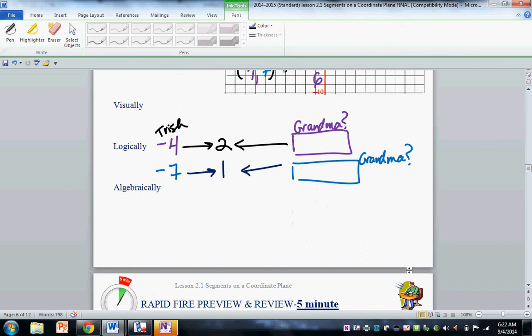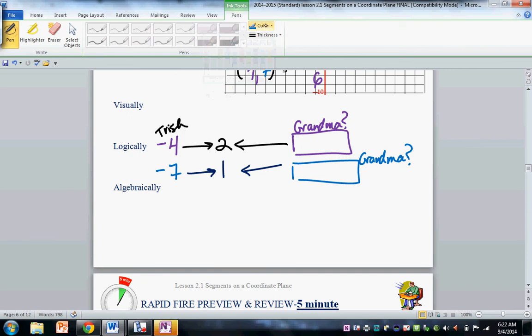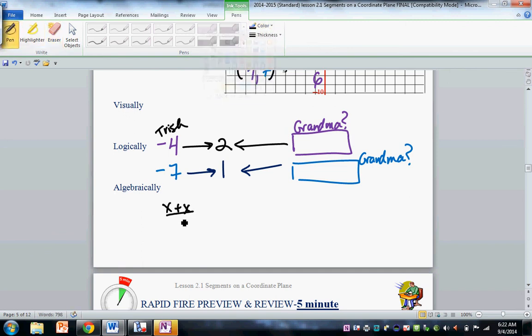The algebraic method: to find the midpoint, add the x's, divide by 2, add the y's, divide by 2. So we do x plus x over 2, and y plus y over 2. And we have a point J, which is at -4, -7, and we have a midpoint of M, which is 2, 1, and then we have an unknown other endpoint, which we will call x and y.